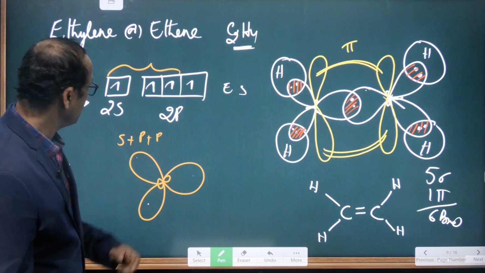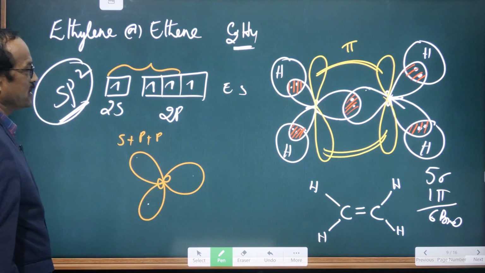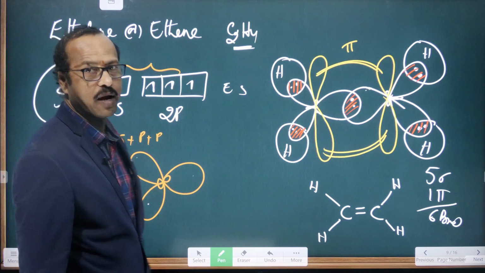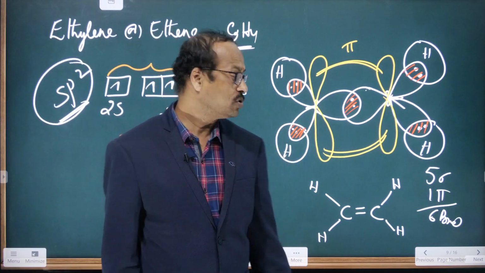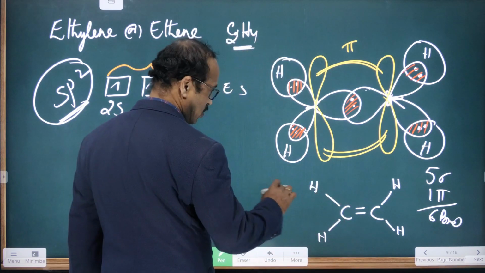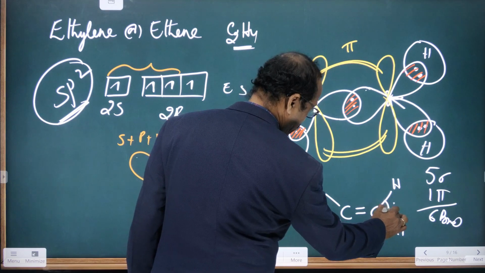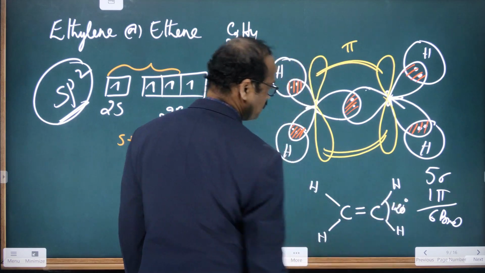Now ethene is undergoing which hybridization? sp2 hybridization. Clear? So that's about sp2 hybridization. And here you see, students, the bond angle is 120 degrees.